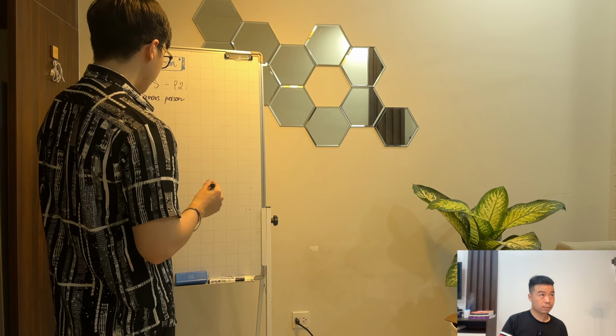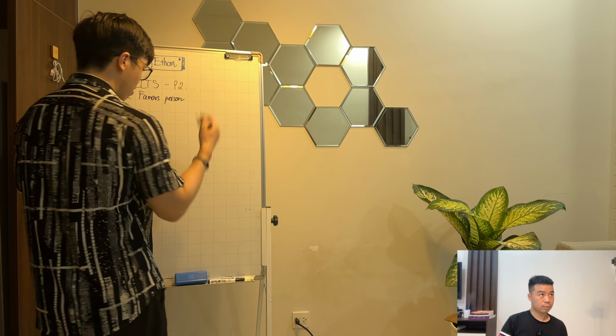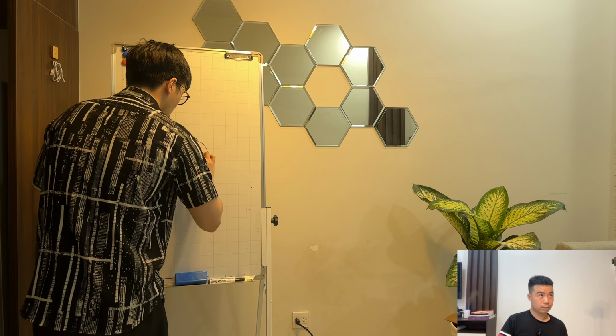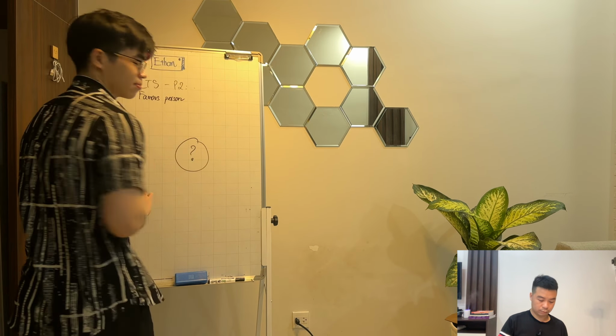So I will give you some maybe outline. So first you need to create who the person is. Alright, so a famous person, first we need to talk about who.